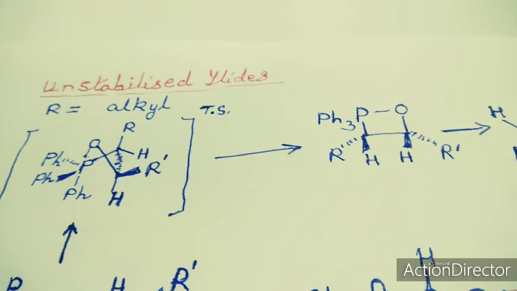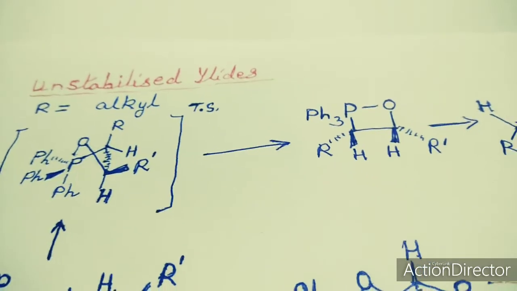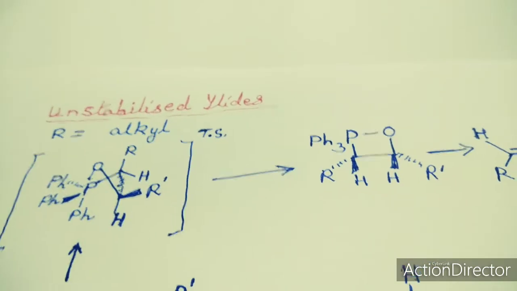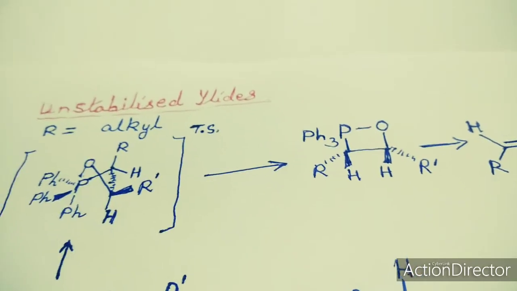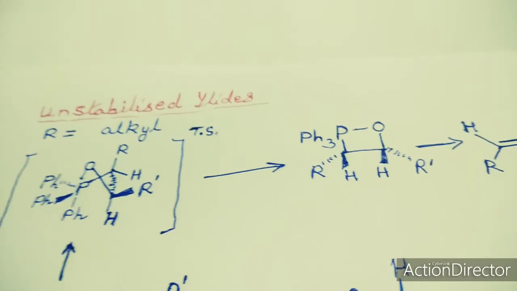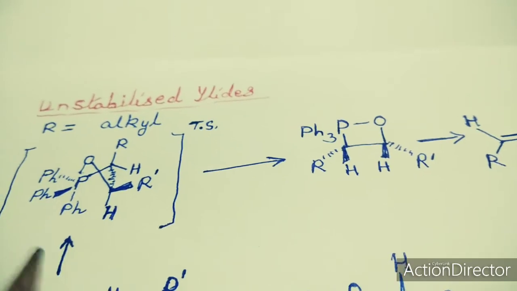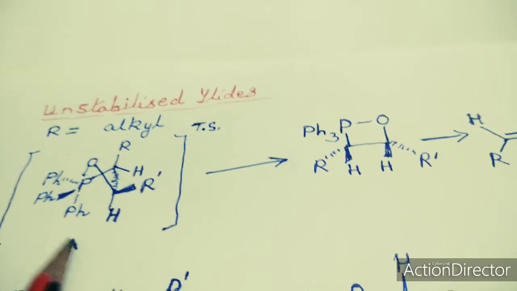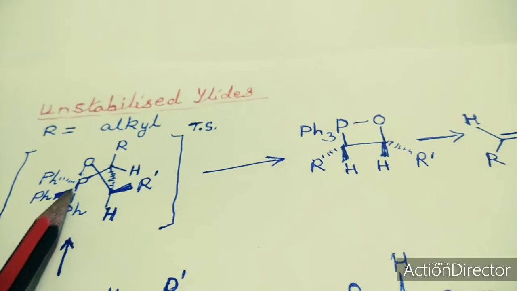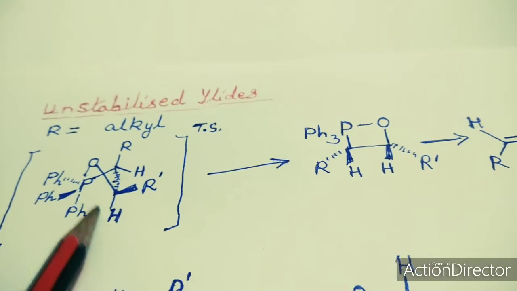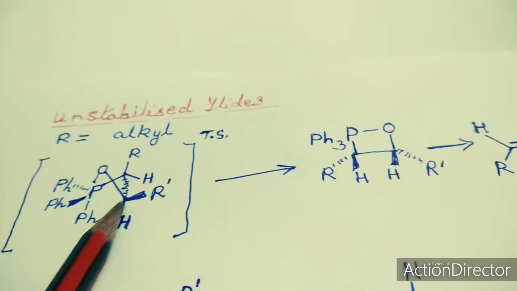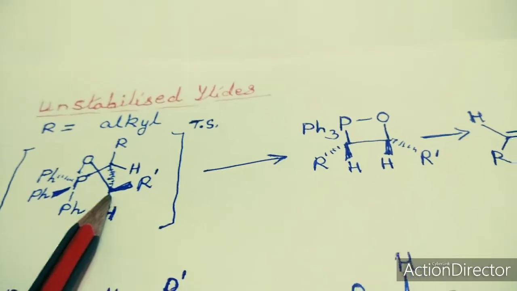It's like a six-membered state, but which is folded. Why? Because this is called a puckered state. Puckered means that it is folded so that maximum eclipsing interactions, that is maximum crowding interactions, disappear.